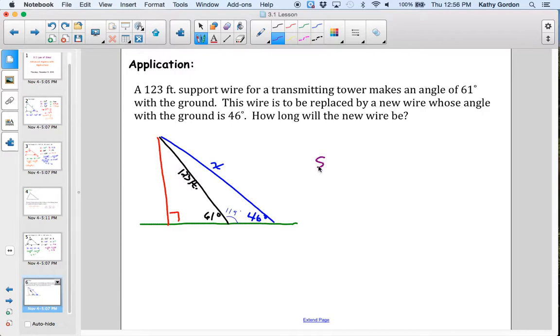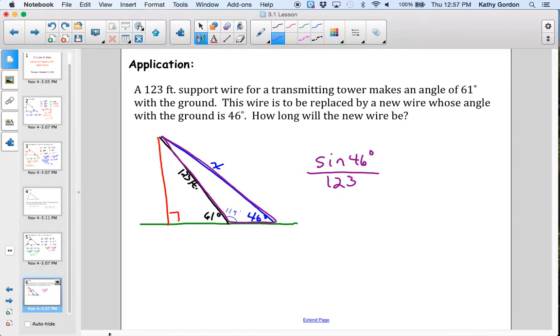Sine of 46 degrees over 123. Yeah. So we're basically looking at just this part as the triangle of interest. In that triangle, the 46 degrees is opposite this old wire, which we were told was 123 feet long.